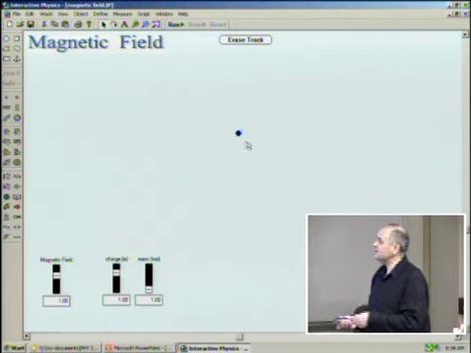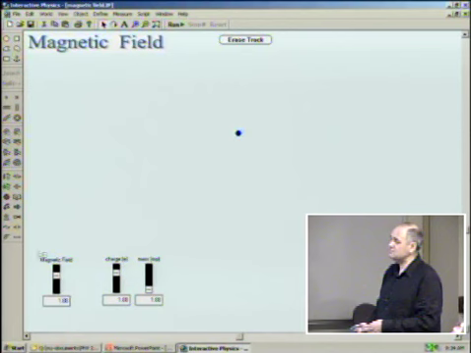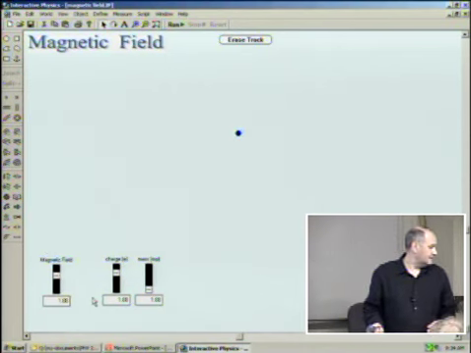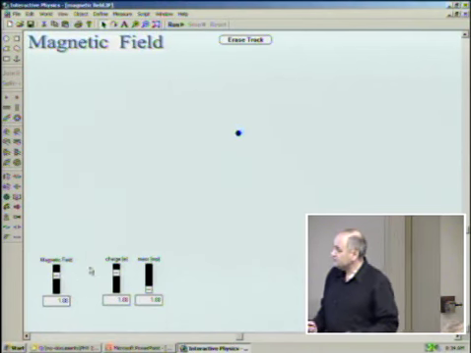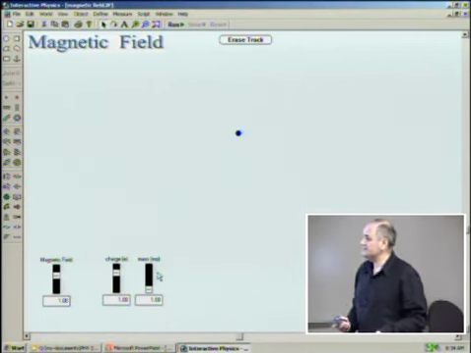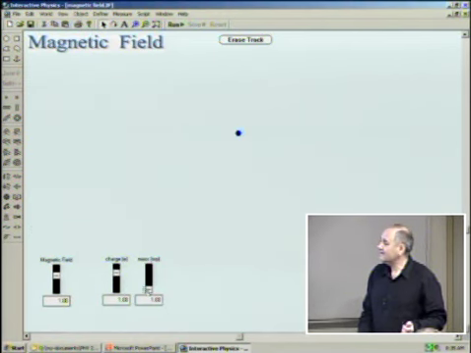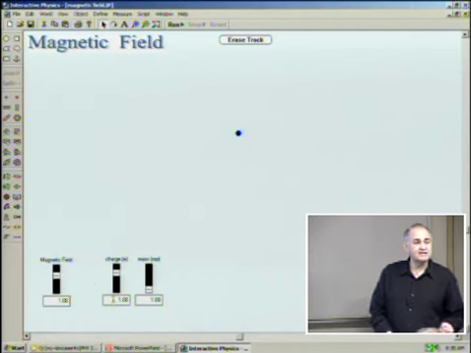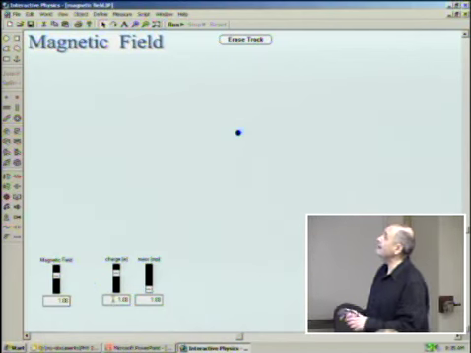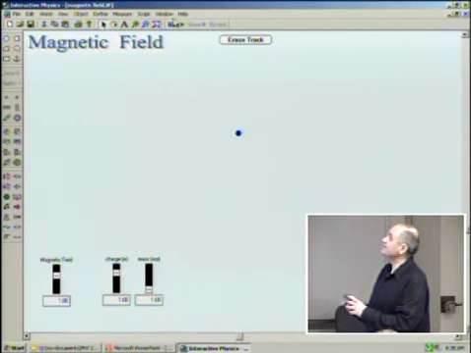So this is a charged particle, and here I can change various quantities. I can adjust magnetic field, charge of the particle, and mass of the particle. I had certain default values. It's not obvious what is the direction, however, of magnetic field. I want you to figure it out.